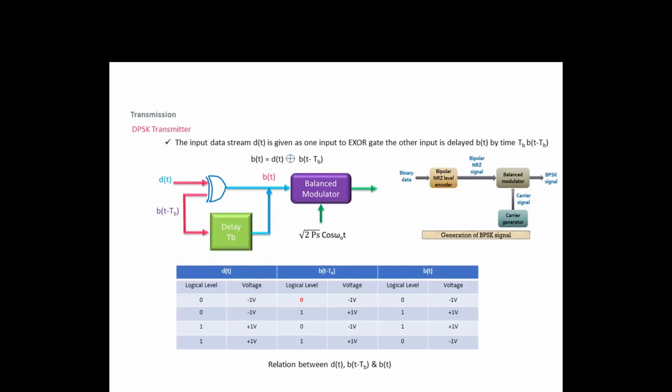DPSK transmitter. The DPSK transmitter will have the input data stream d(t). The input data stream d(t) is given as one input to an XOR gate.